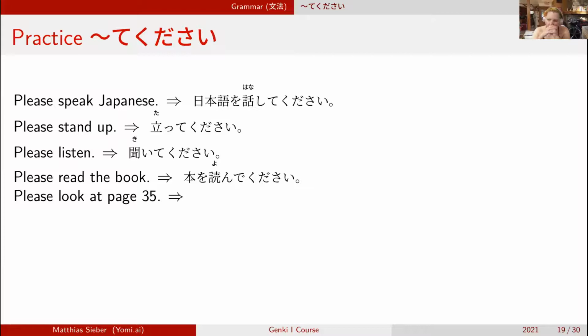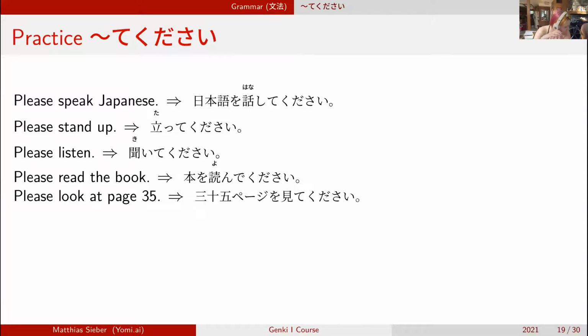On page 380, where we looked at numbers in combination with counters, in the second column from the right, we have peiji as a counter together with pondo. So peiji in itself is a counter.